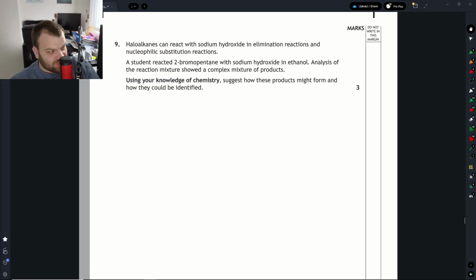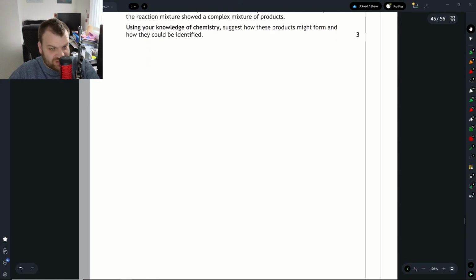In our second using your knowledge of chemistry question, we're asked about elimination reactions and nucleophilic substitution reactions. We're discussing 2-bromopentane, so I'd first sketch that out.